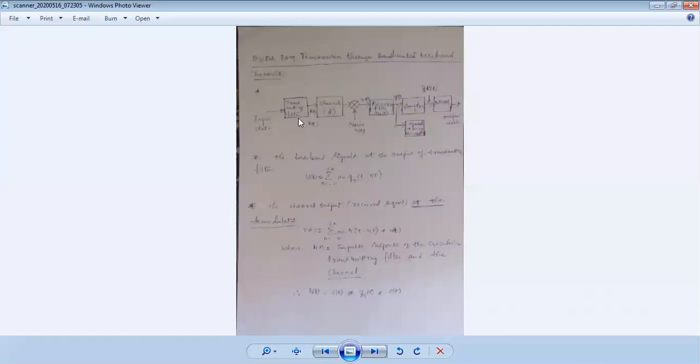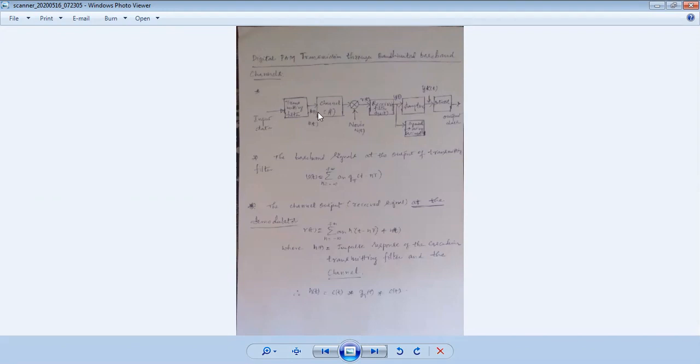We take the sample of the output of the transmitting filter and get v of t equal to the sum of a to the power of n, the magnitude of each split signal, multiplied by the input. This is the output, and this is the signal we are going to split into digital signals.